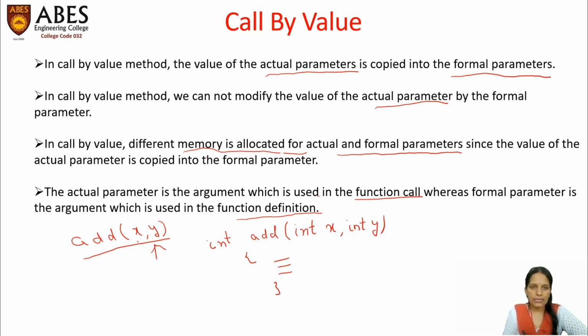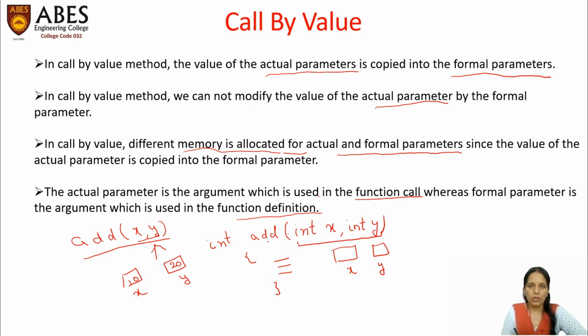So here x and y are known as actual parameters, and in the definition these x and y are treated as formal parameters, right? These x and y will occupy different memory from the other x and y. If x has the value 10 and y has the value 20, then these memory locations will be different. This is the thing that you need to remember.